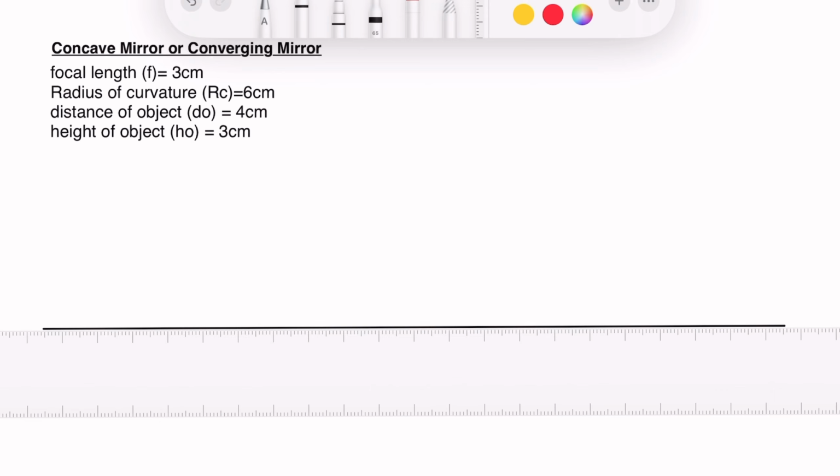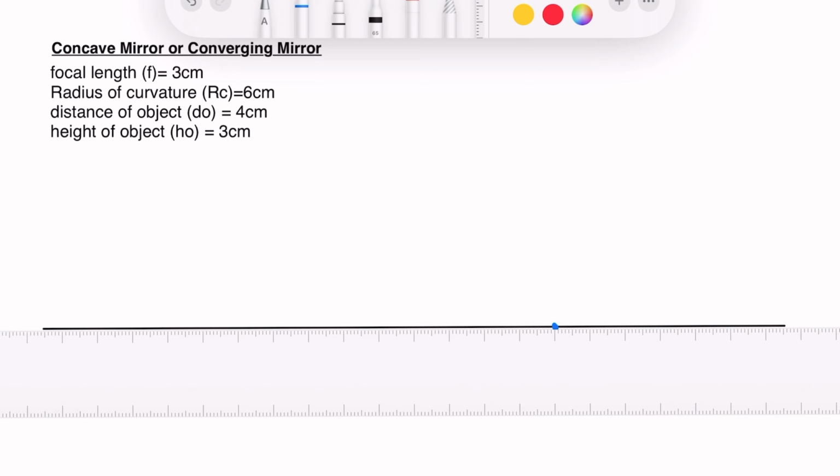After that, the next thing is to mark your vertex, or point V, the center of the curved mirror. This time, I'm going to choose this part here as the center of my concave mirror.